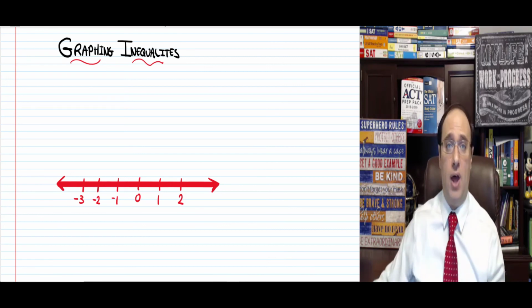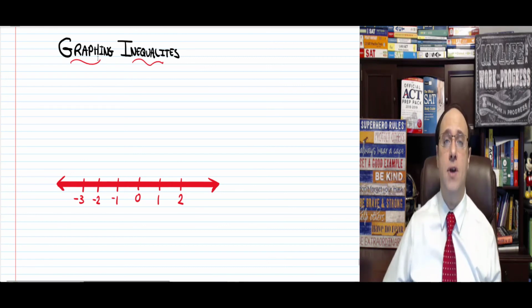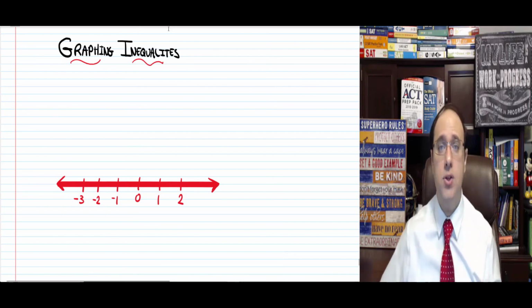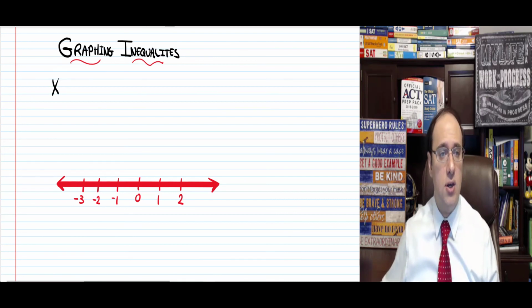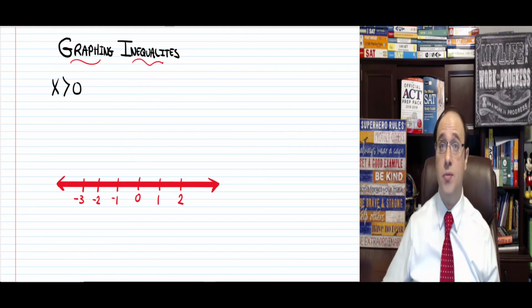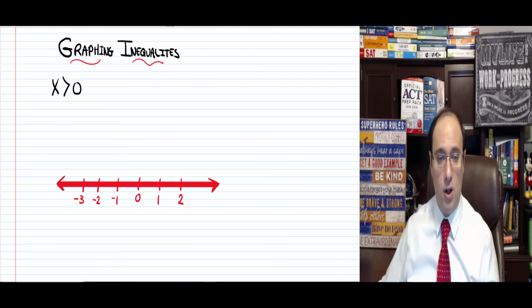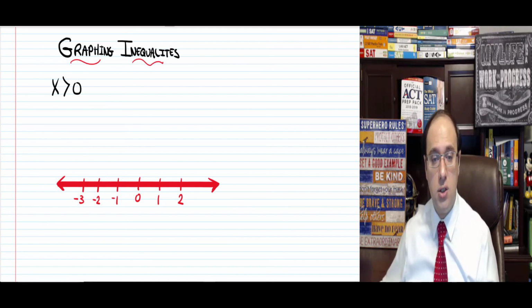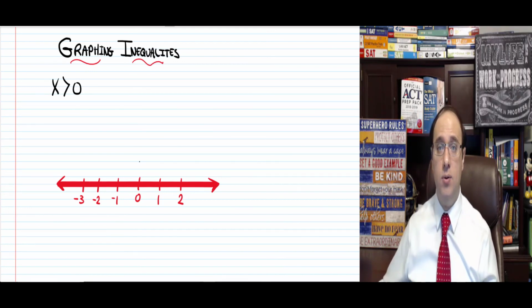Now, here's a number line, and let's take a couple of inequalities and look at how the graph is going to look for each. So, let's take this one first, an easy one. x is greater than 0. We go to the 0, to the number we have in the inequality, and you start above that 0.